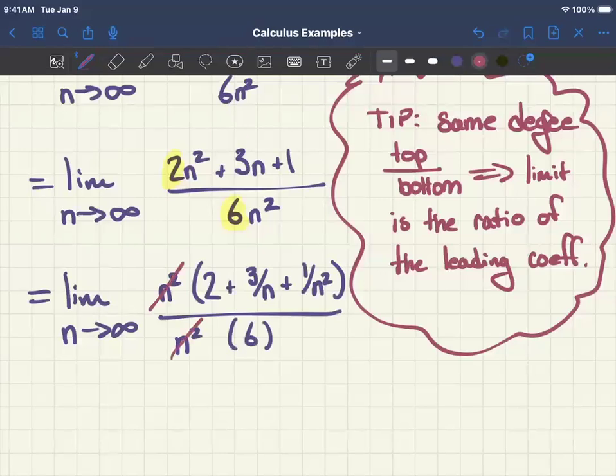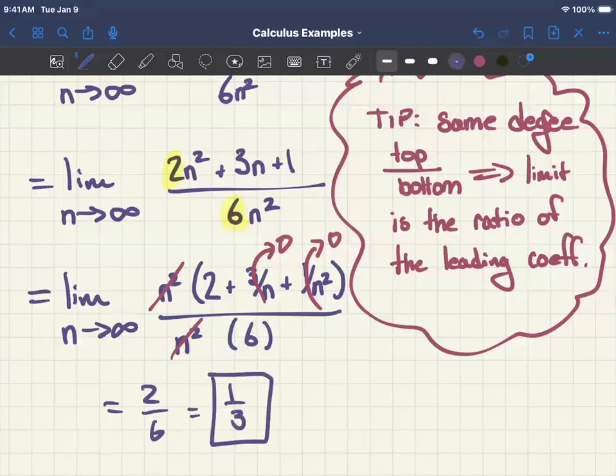Notice what's left. We have the 2 on top, we have the 6 on the bottom, but we have a 3 divided by n, which goes to 0 as n goes to infinity, and 1 over n squared, which also goes to 0 as n goes to infinity. So what is left over is 2/6, in other words 1/3, which is our solution for this problem.